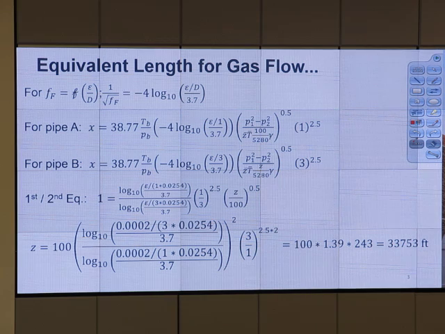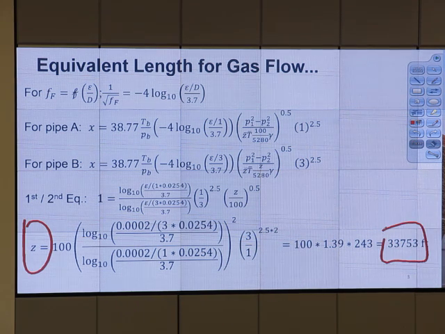Calculate everything, I get z equal to 33,000. So 1 inch, 100 feet will give the same pressure drop as 3 inch, 33,000 feet.